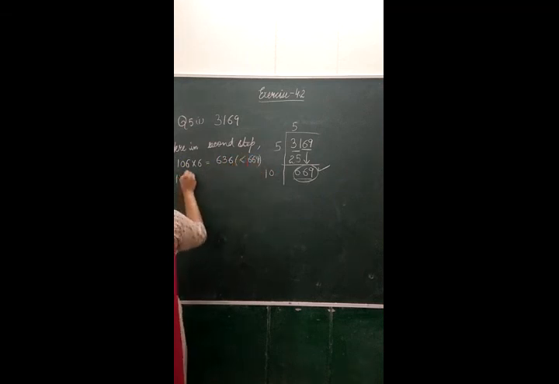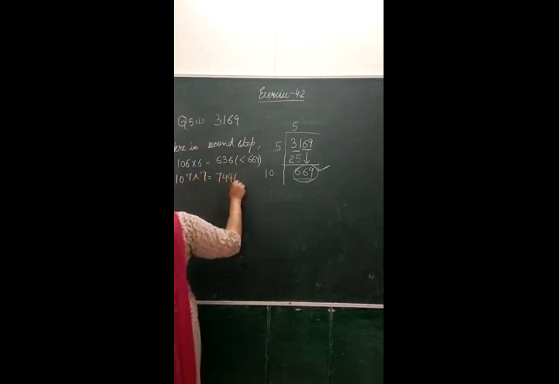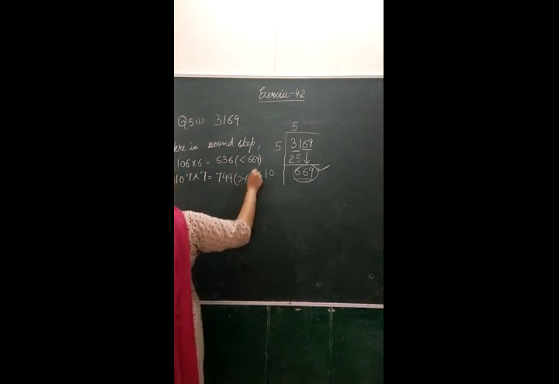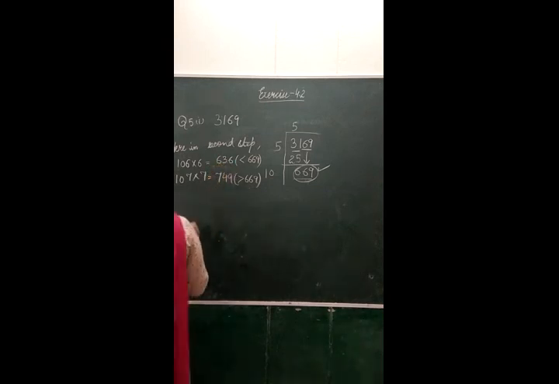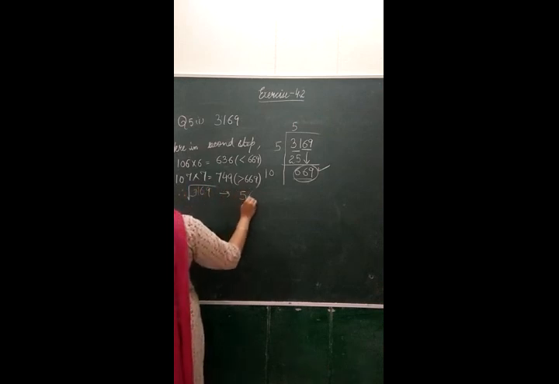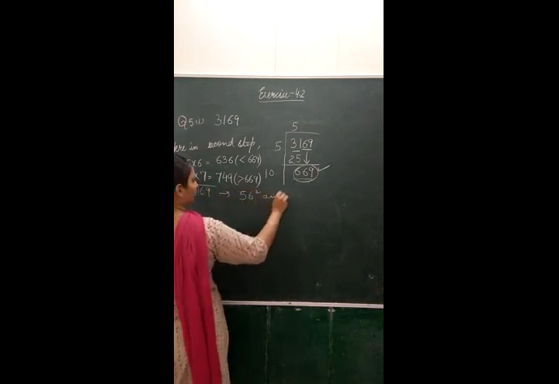And if we take 7 here, then we are getting 749, which is greater than 669. So that means if we add something to this number, we are going to make it a perfect square. Therefore we can say that the root of 3169 lies between 56 and 57.